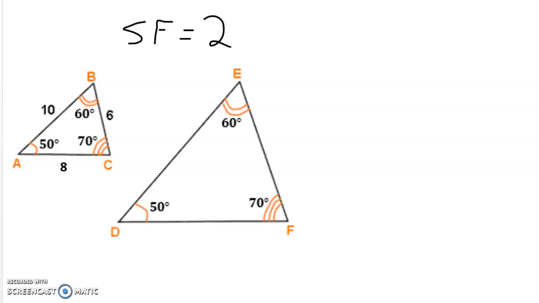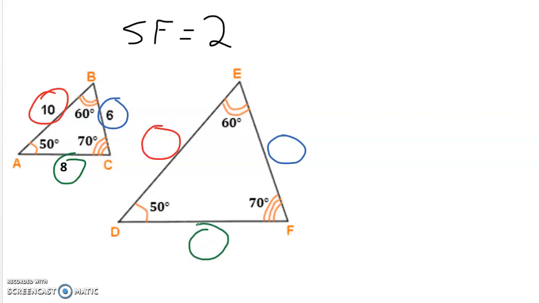I know that 10 corresponds with this side on my larger triangle, because 10 is in between 50 degrees and 60 degrees, and this red circle I drew is also between 50 degrees and 60 degrees. So those are corresponding. 6 corresponds with this missing side, side EF, and 8 corresponds with side length DF.